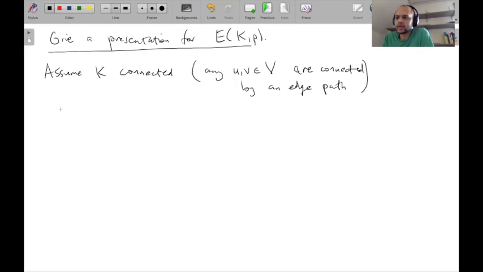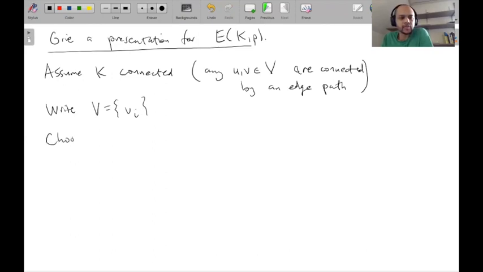And it'll be convenient to write the vertex set, the vertices, as the V_i's.